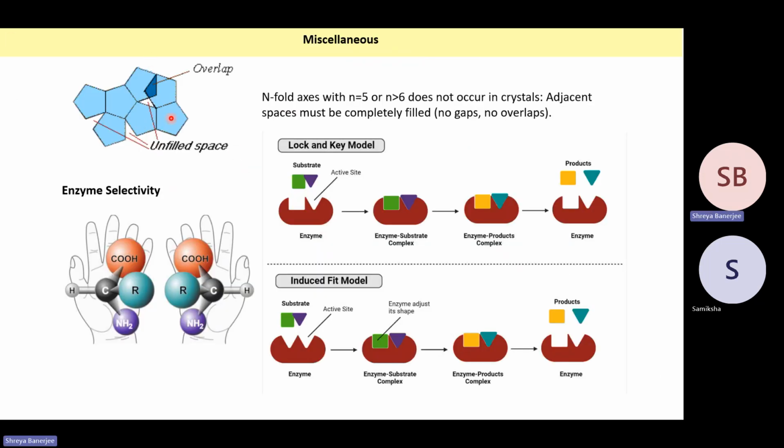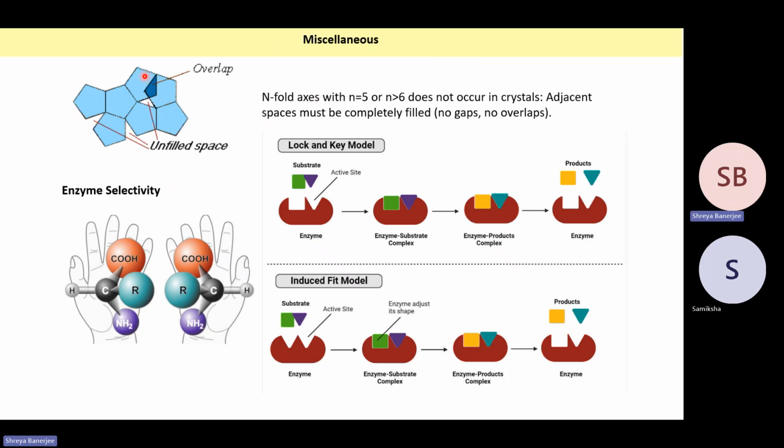One more thing is that we have seen up to 4-fold axis of rotation, that is 90-degree axis of rotation. Normally we don't have 5 or 6-fold axis of rotation. To have a 5-fold axis of rotation, you need to have a pentagon structure. But if you have a pentagon structure, you can see the crystal packing is not very good.